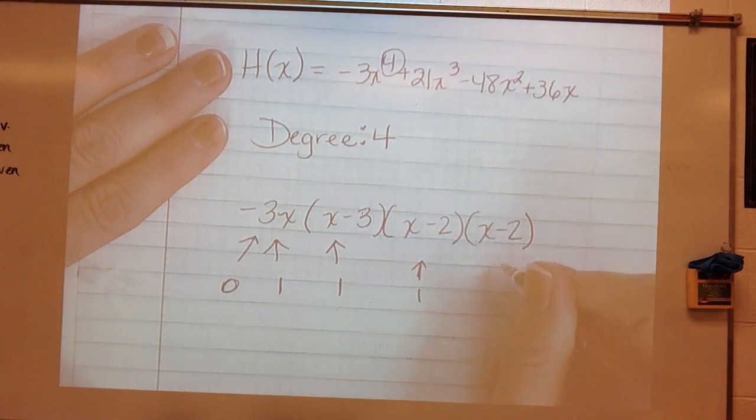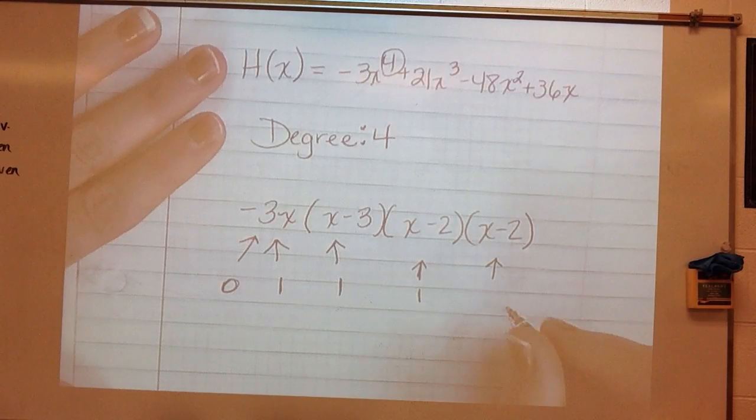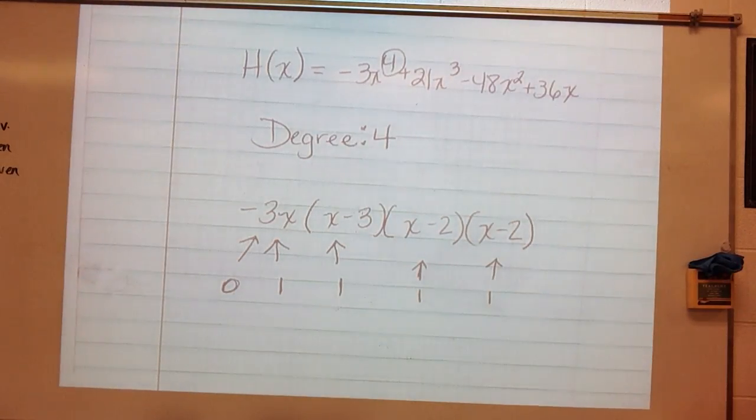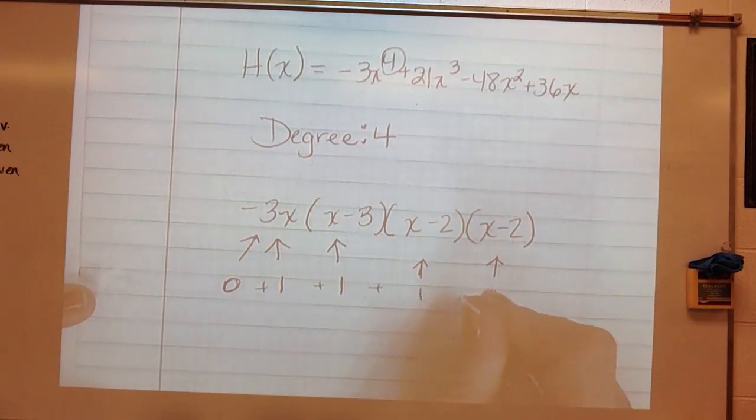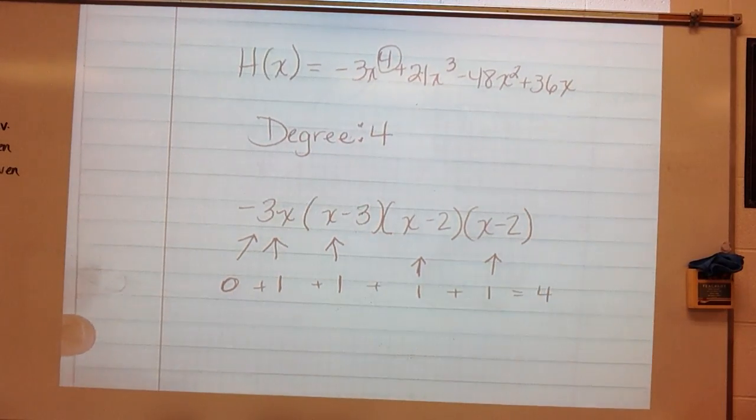X minus 2 has a degree of 1. And x minus 2 has a degree of 1. Then I add these all together, and that gives me 4. So if I have the factored form, I can still find the degree of my function.